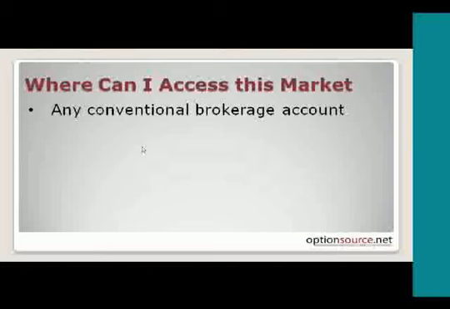The question came up, where can I access this market? Any conventional brokerage account. Now, in saying that, that doesn't necessarily mean that you'll be able to create these combination strategies easily. That's something you need to take up with whatever specific broker you're dealing with currently.